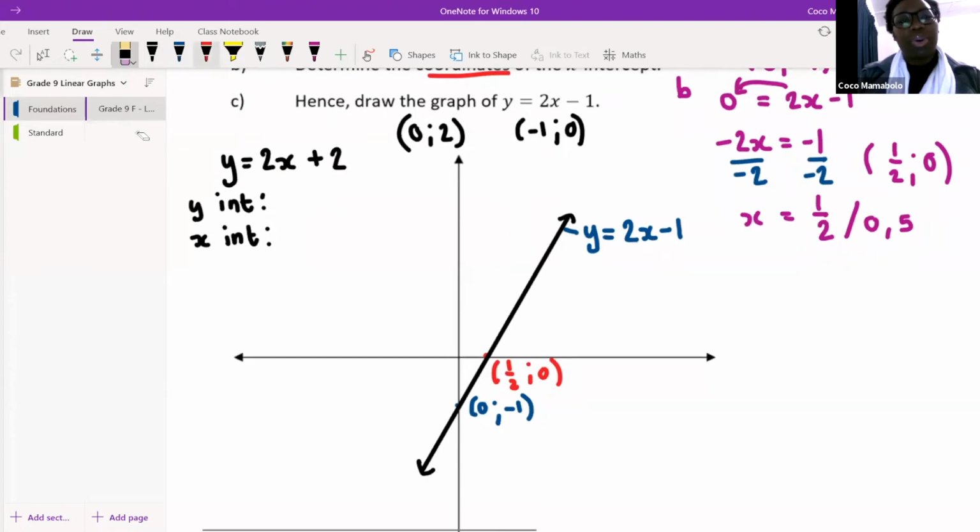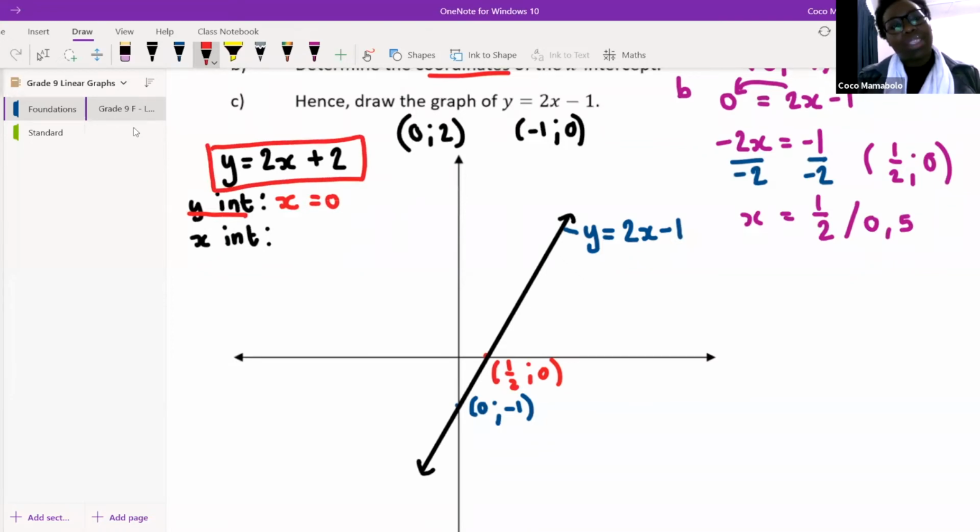All right, so Onwaba, remember, if I want to find my y-intercept, I need to make x equal to 0. So I'm going to look in this equation that I've written over there. Anywhere where I see an x, I'm going to replace it with 0. So I'm going to go y is equal to 2, and then I see an x, so I'm going to replace x with 0, plus 2. 2 times 0 will give me 0, plus 2.